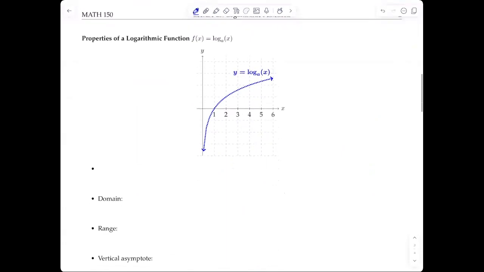All right, so similar to the activity that we did yesterday, we're going to write out some properties related to logarithmic functions.